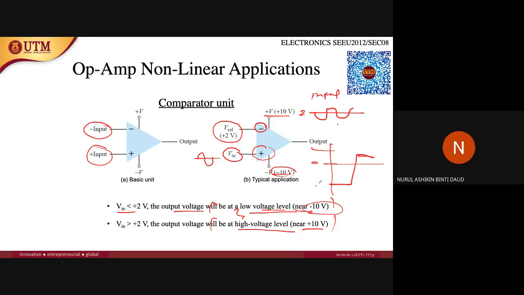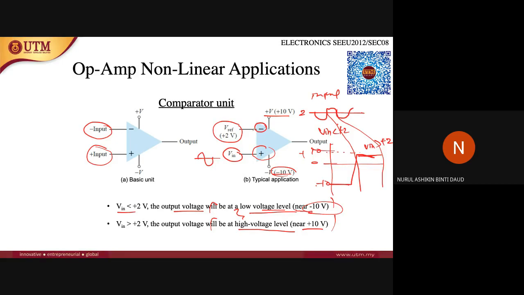This is 0, this is minus 10, and this is 10. If it is lower, it looks like this. So this is when V in is less than positive 2. This is what is going to happen if V in is more than positive 2: it will be maximum, which is positive 10. So this is when the input signal is at the non-inverting input.